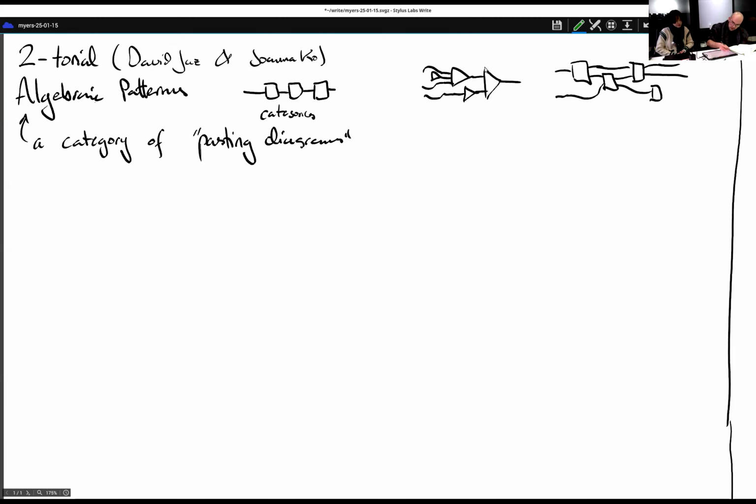This picture represents the composite, if you will, H after G after F. We might write FGH in the boxes, and we think of this picture as saying that we have this composite, and it represents that composite really only when we put it in one big box at the end. So this picture here represents that composite.